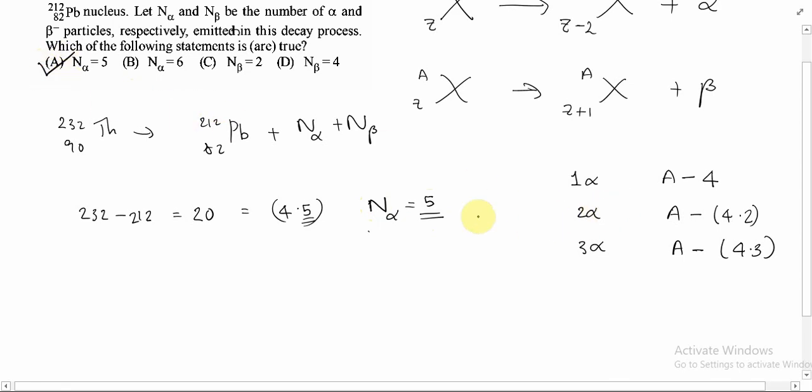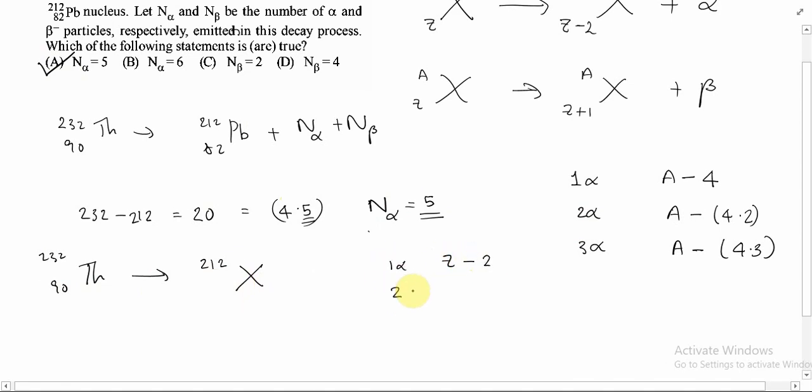Now we have to find the number of beta particles. Thorium, after emitting 5 alpha particles, gets changed to a nucleus X. So this will be 212. And what's the atomic number here? For one alpha particle emitted, the atomic number gets reduced by 2.